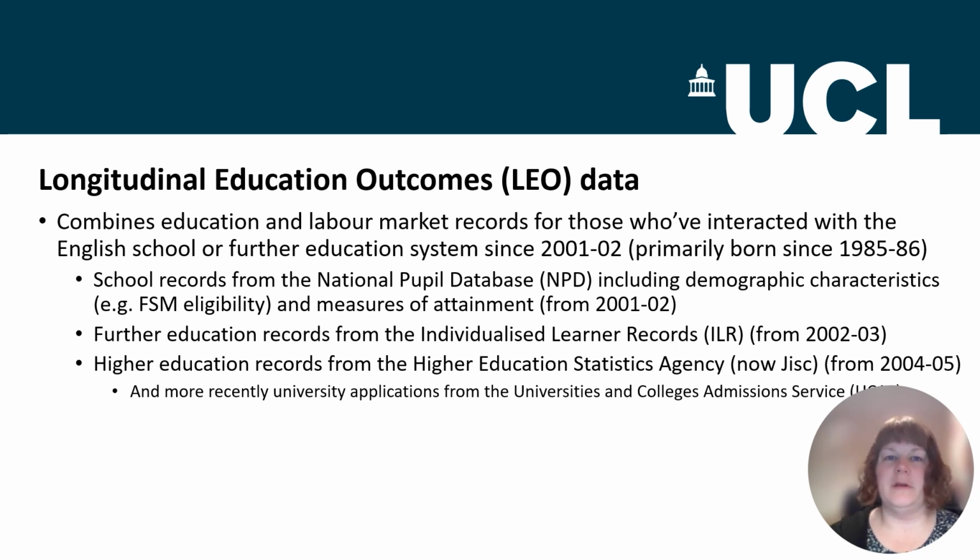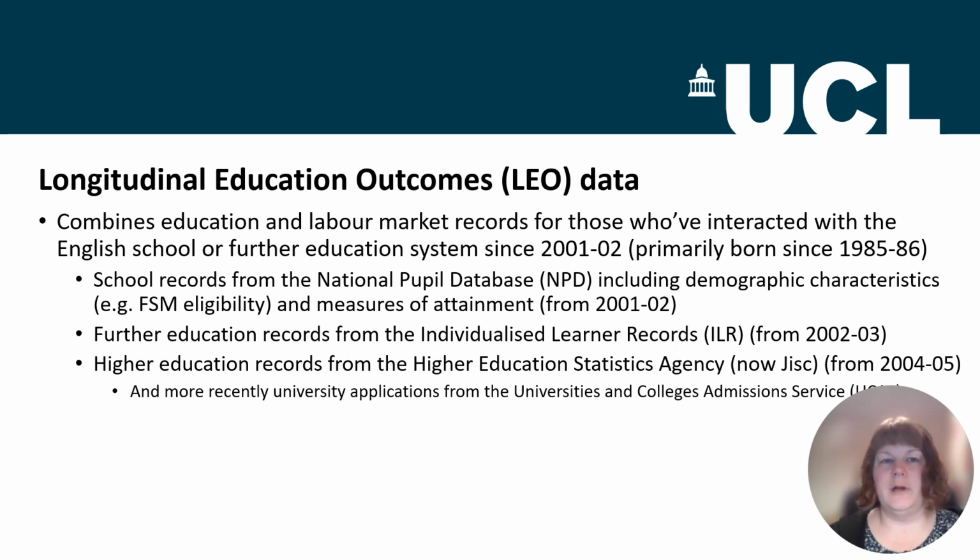So that's mostly going to be individuals who've been through the school system since then, born since 1985-86. So on the education side, it pulls together records from the school system, from a database called the National Pupil Database. That contains a census of all individuals attending state schools in England, and that's where we derive our measure of free school meal eligibility from.